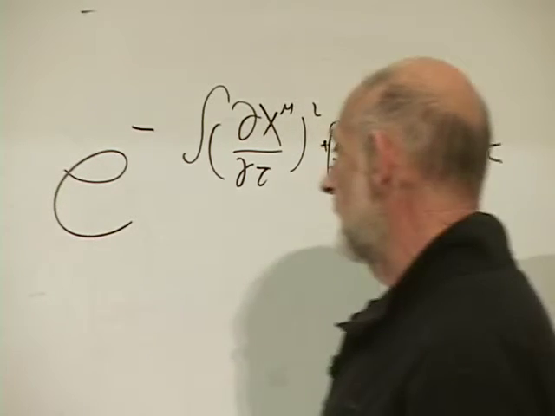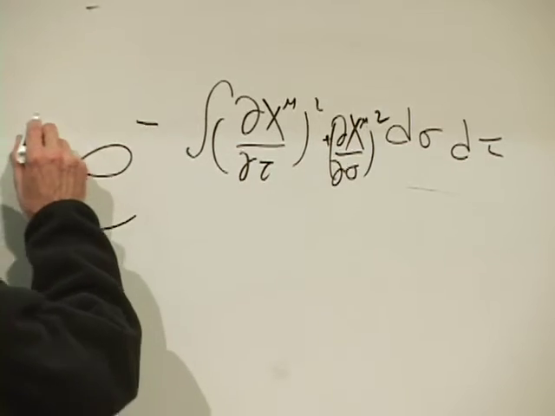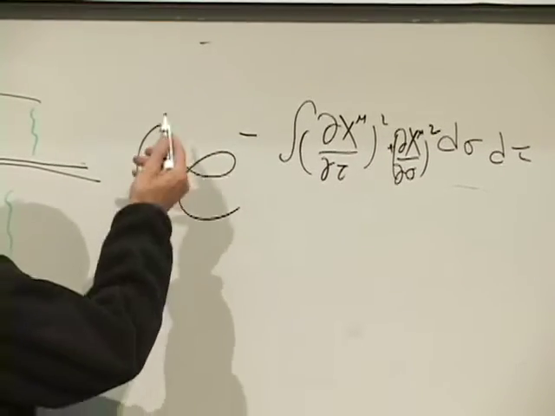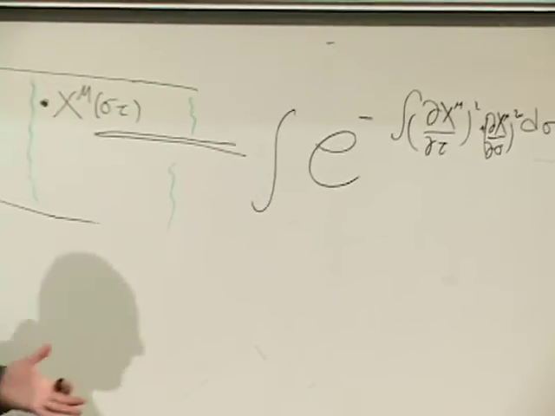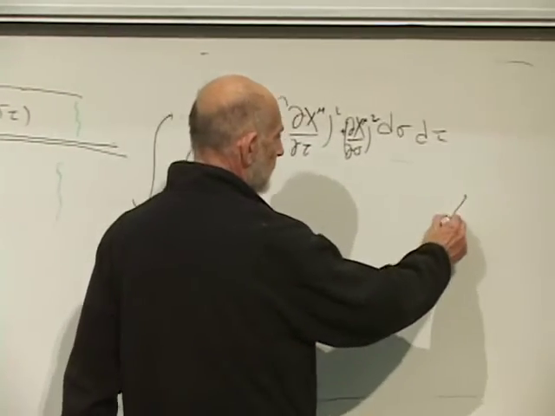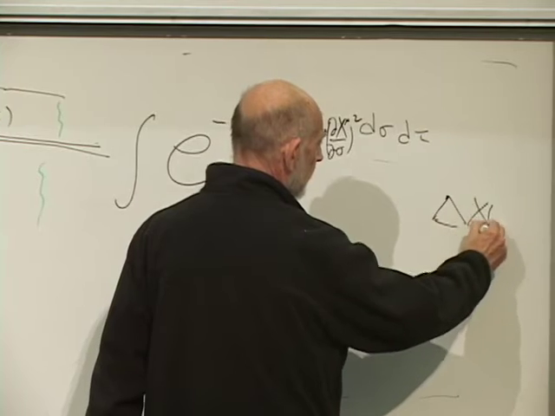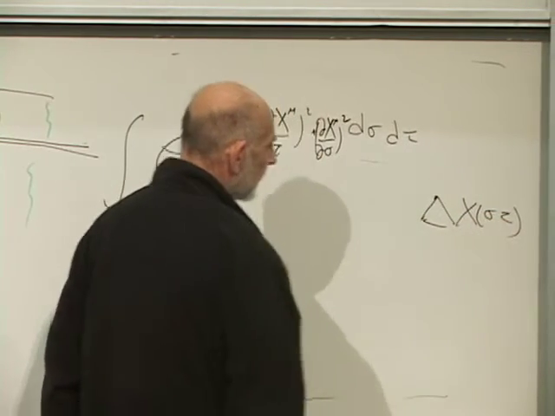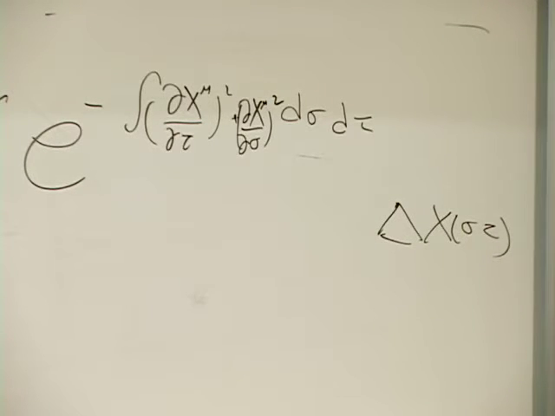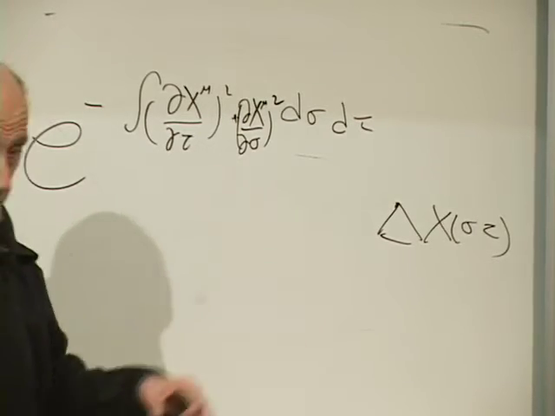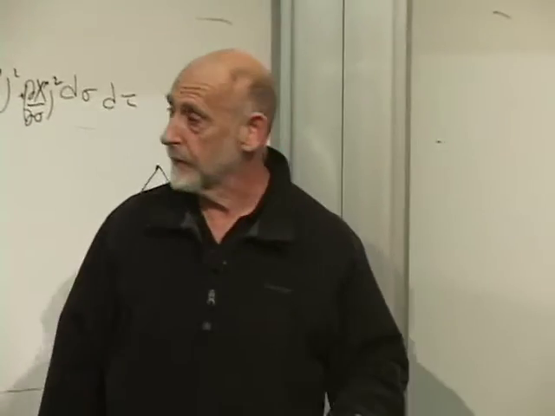We integrate it, path integral, over all possible ways of filling up the surface. It's often written delta x of sigma and tau. This means path integral, and it means integrate it or sum it up over all possible configurations of the worldsheet in space-time, the way the worldsheet fills up space-time.